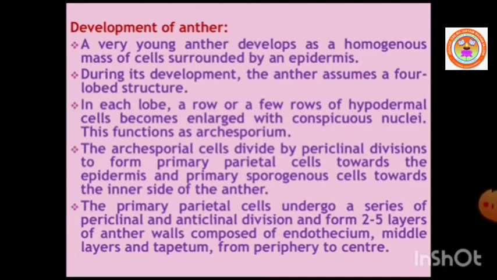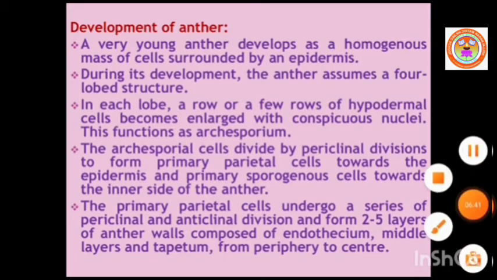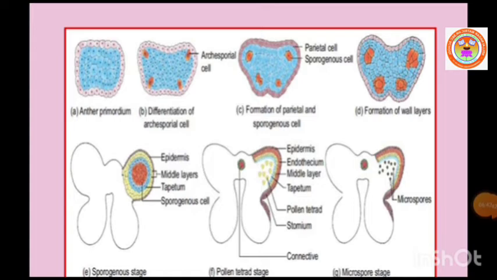A very young anther develops as a homogeneous mass of cells which are surrounded by an epidermis. Look at this picture, children. In the first diagram on the left side, you can see the anther primordium. During the development of anther, the anther is assumed to be a four-lobed structure.